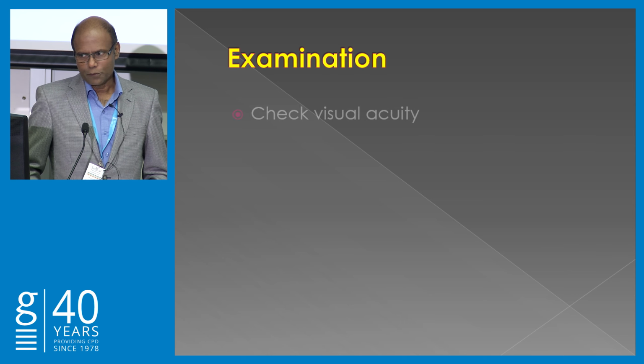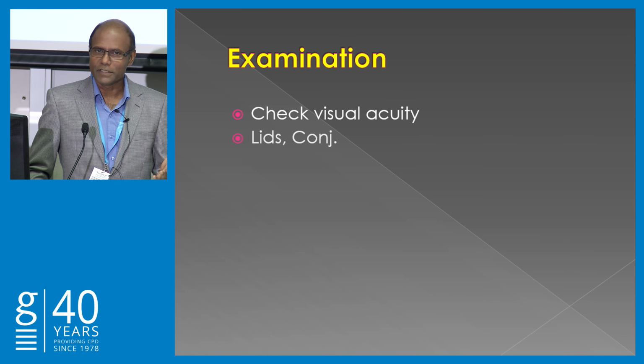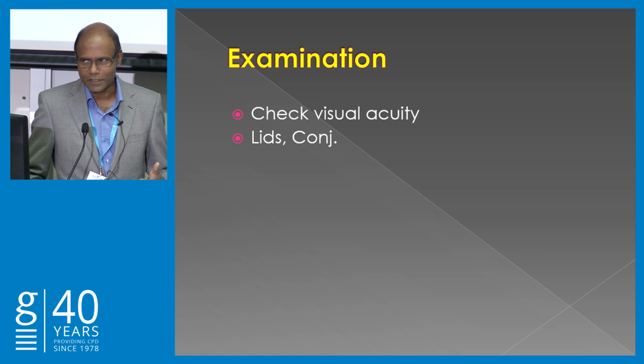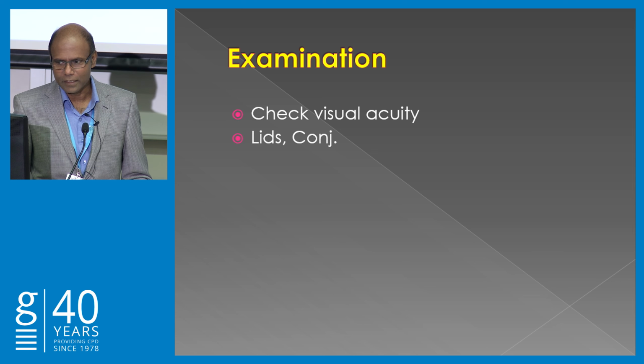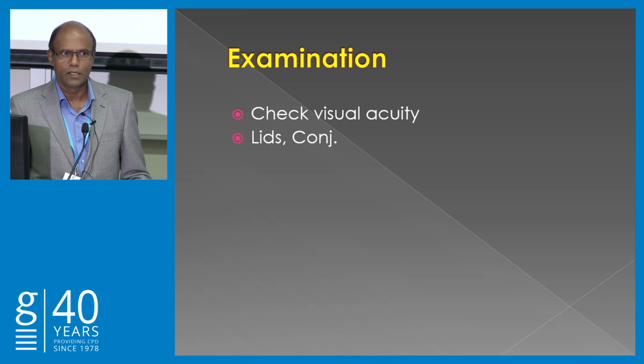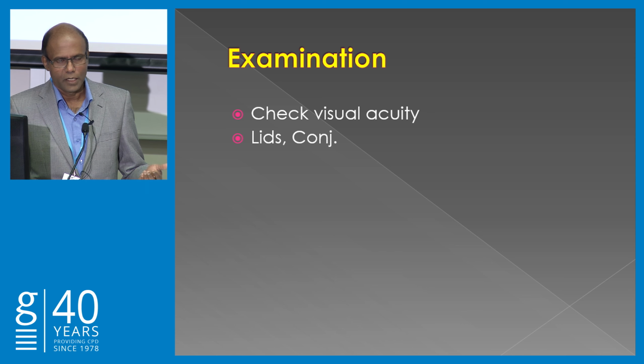So examination, what you find: you always check the visual acuity. Please document that, because it's very important in terms of grading and triage, to see how soon. Then look at the lids for any swelling, redness, warmth, tenderness, or injury.